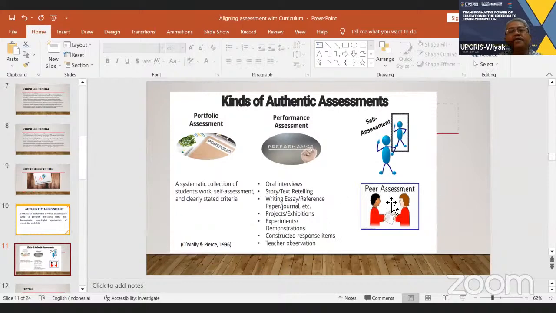And the last is self-assessment, non-teacher assessment. In the present curriculum, when I observe the book from the government, at the end of each chapter there is a kind of self reflection.